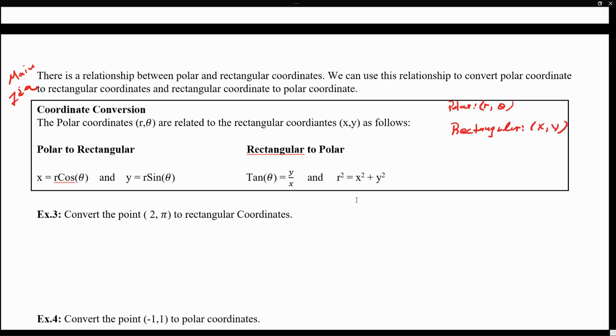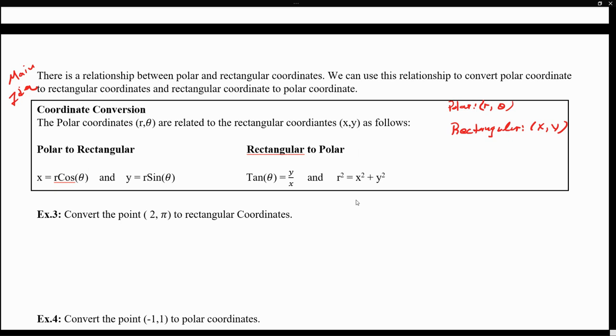So if you've been given a point in polar coordinates and you want to represent that point in rectangular form, we're going to use what we just discovered in our introduction, where the x part of the rectangular form is going to be r cosine theta, and the y part is going to be defined as r sine theta.